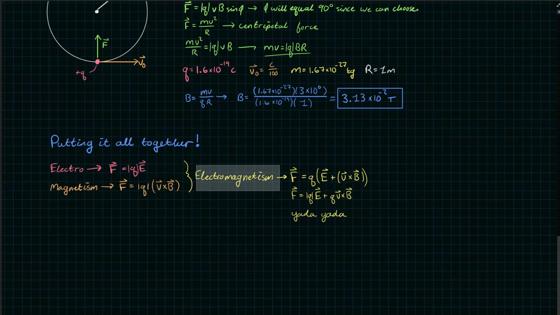We can learn that electromagnetism, due to the superposition of vectors, which means that if you have two vectors acting at the same time, you can just add them up, put them tip to tail, and get a resultant vector, F. So the force is just the electric force plus the magnetic force, and you get the equation for electromagnetism. Some fancy guy came up with this.